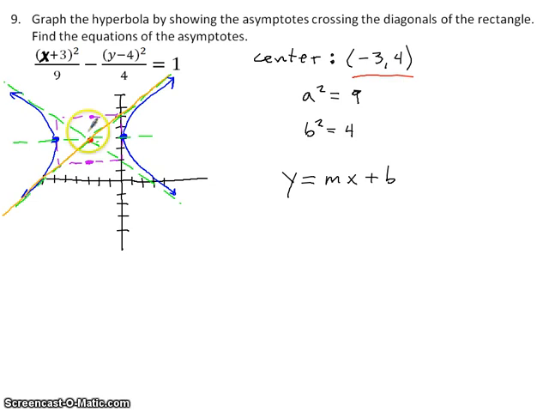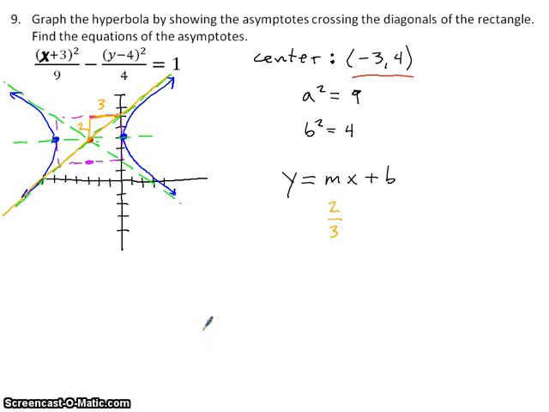Well, the slope of that asymptote, remember that we find the slope by the rise over the run. So I go up a distance of 2 from my center to that b value, and then I go to the right a distance of 3.